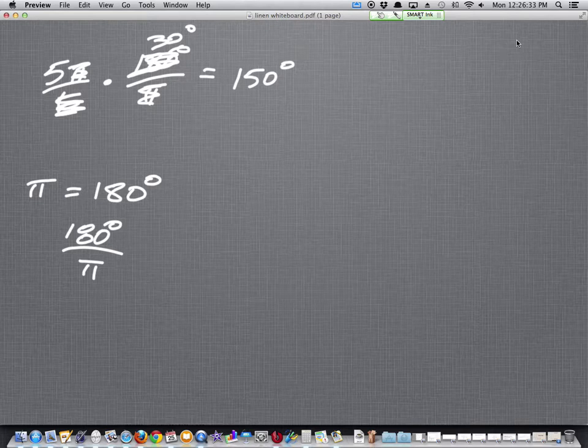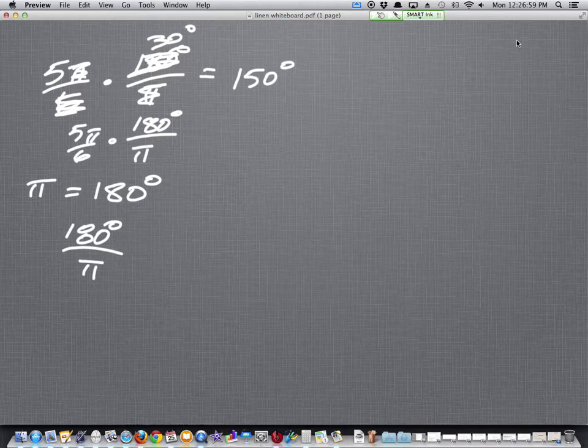So that's the first thing I want to do, be able to convert back and forth between degrees and radians. What was on the bottom of the second thing? This was 180 over pi, and this was 5 pi over 6. So if I want to change degrees to radians, what do I multiply by?